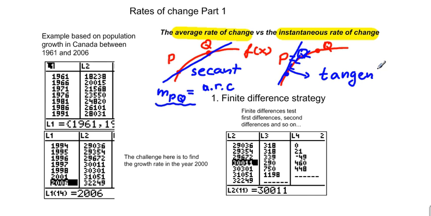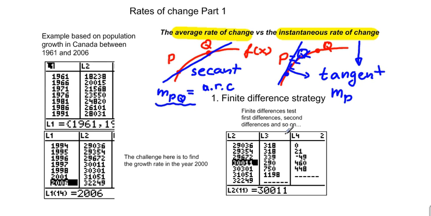The slope of the tangent at point P represents the instantaneous rate of change. So for the average rate of change, we're thinking about the slope of a secant; for instantaneous rate of change, the slope of a tangent line. Okay.